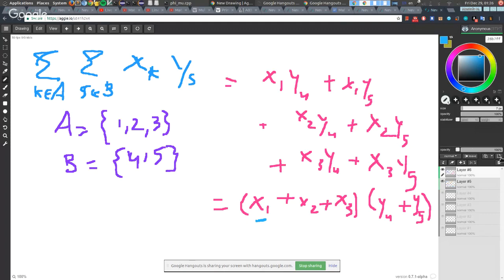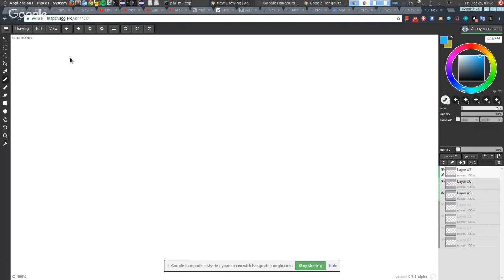We could also rename the iterators. For example, if we have something like a_k going from k equals 1 to n, this is the same.